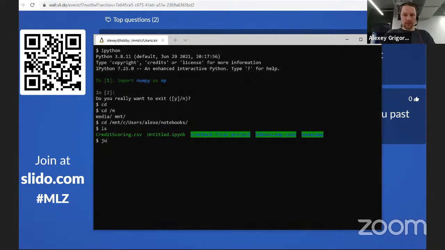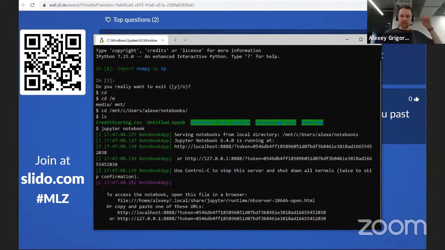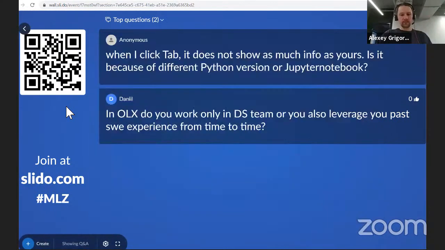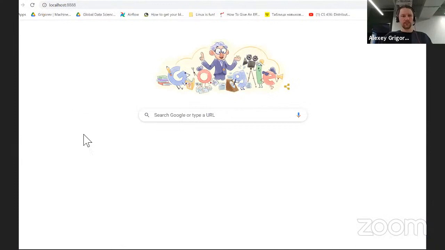Yeah, so let me run it, Jupyter Notebook. While it's loading for me, it sometimes takes a while to load Jupyter. I don't know why. I'll take questions from the live chat.